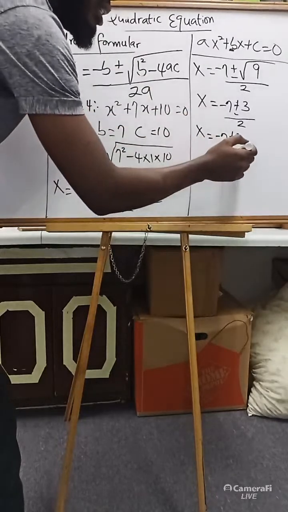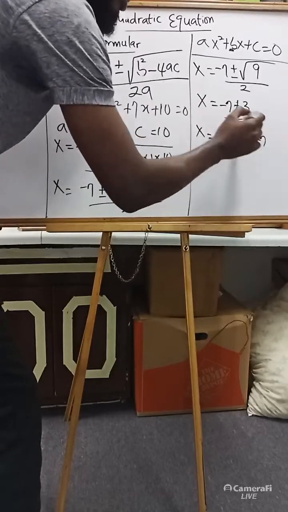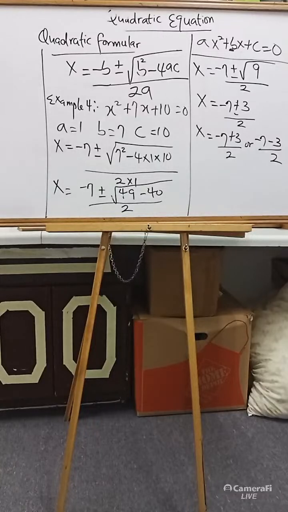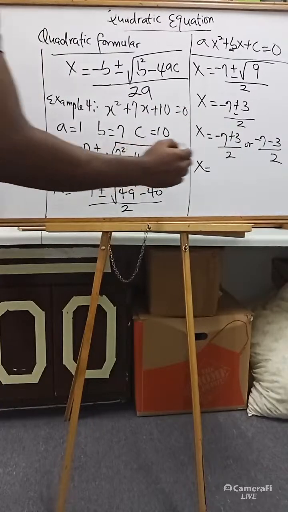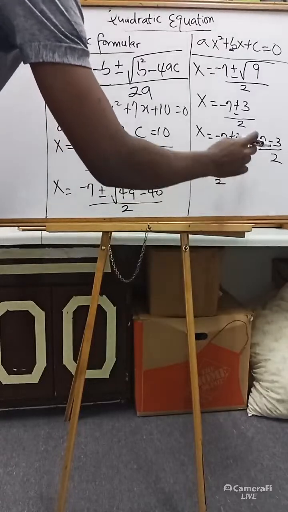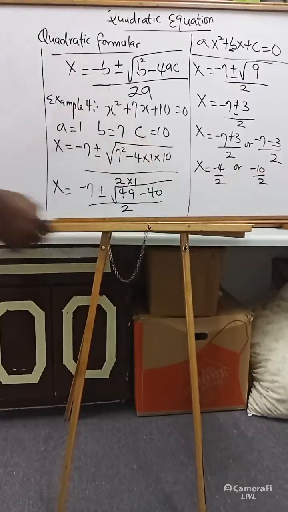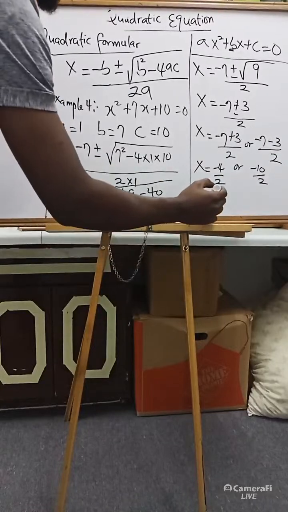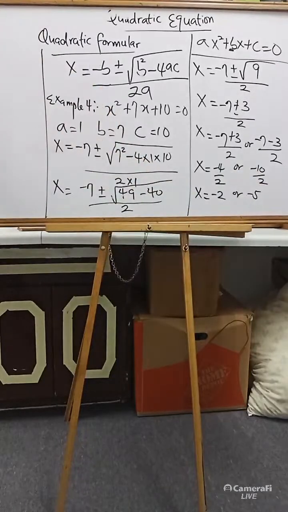So the first one is negative 7 plus 3 over 2, and the other is negative 7 minus 3 over 2. So here, my x equals negative 7 plus 3, which is negative 4 over 2, or negative 7 minus 3, which gives negative 10 over 2. So my x equals negative 4 over 2, which is negative 2, or negative 5.